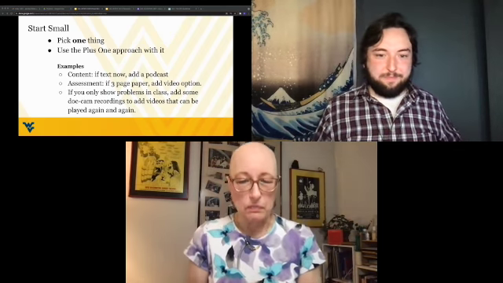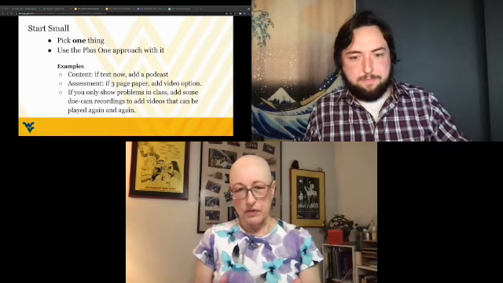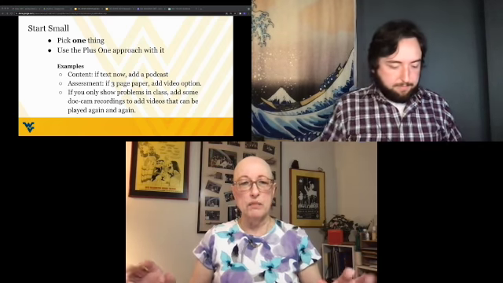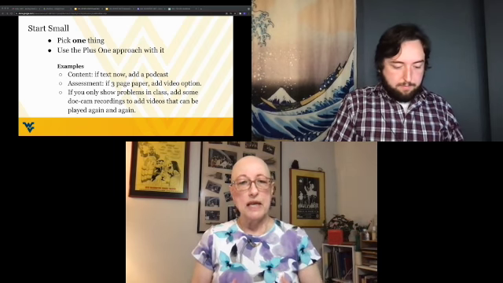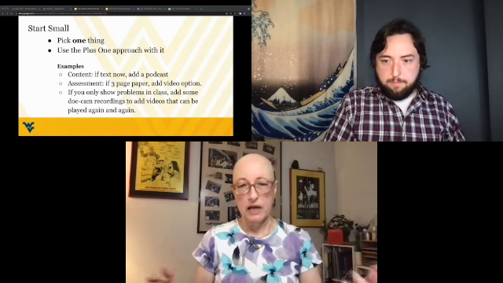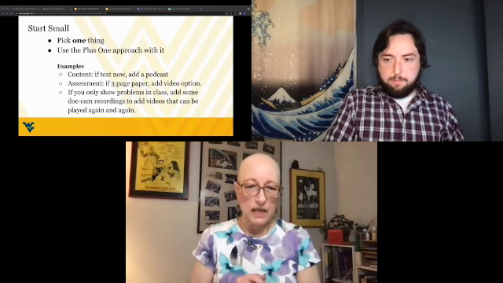We have to start small when we get into the whole idea, because I don't know about you, but when I first heard about universal design for learning, it was kind of like, okay, I get the concept, but what does it look like when you actually implement it, and how can you possibly meet all of these different learning preferences all at the same time, et cetera, et cetera. Well, the short answer is you can't.